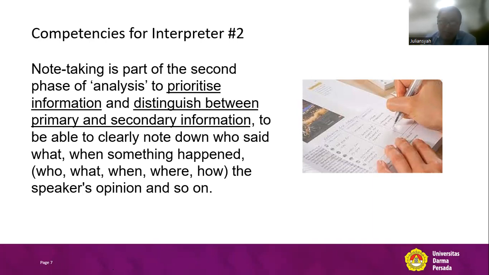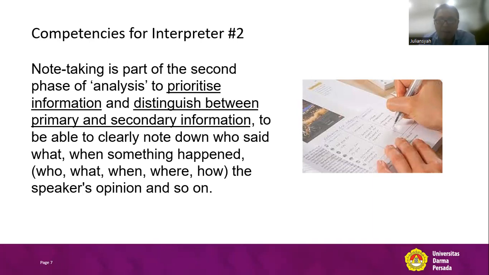That means we analyze which one is important and which one is not really important for you to take notes. That is what we call analyze. For example, we need to be able to identify the opinion of the speaker, and when something happened, who said what.